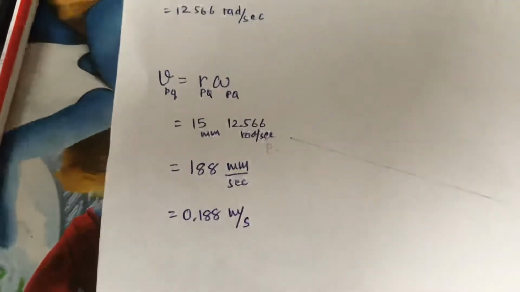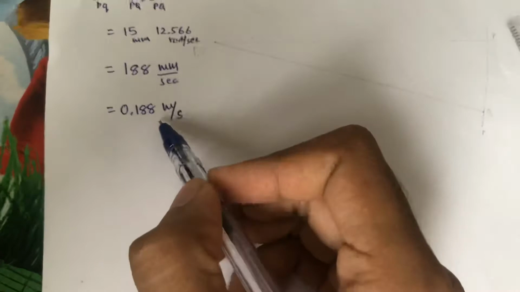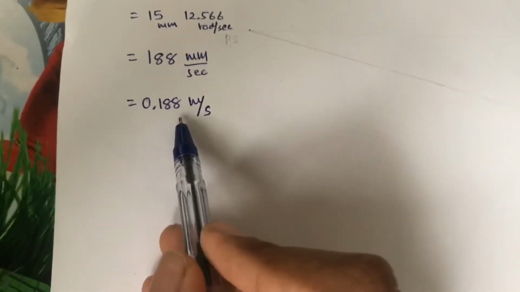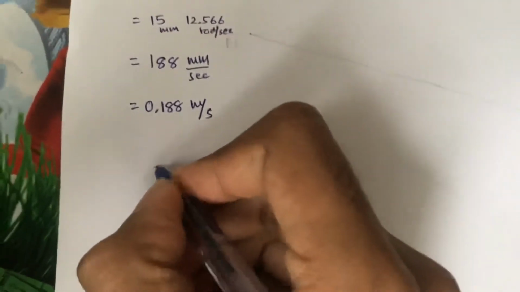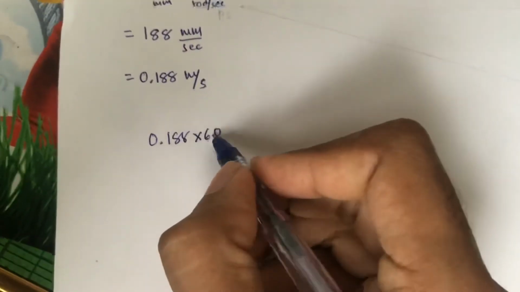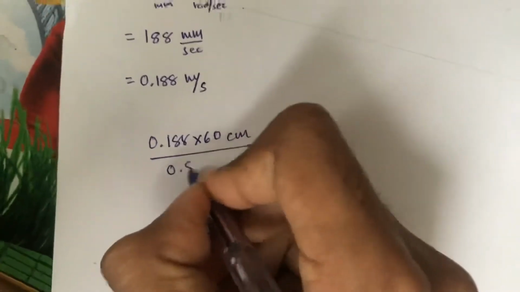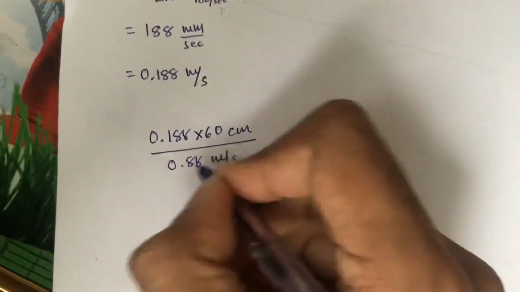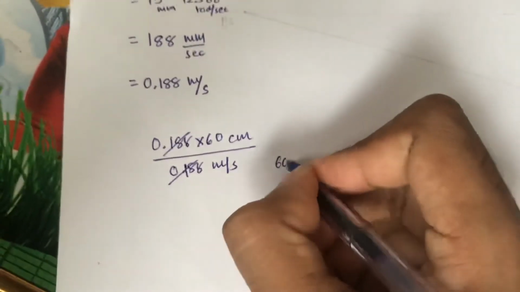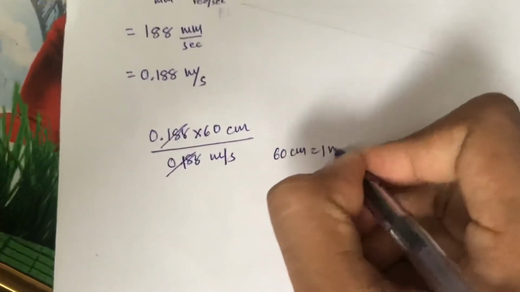Now 0.188 meter per second is a small dimension in terms of centimeters. To draw, I multiply 0.188 with 60. So my scale is 0.188 into 60 centimeter as the drawing dimension upon 0.188 meter per second as the given dimension. So here both cancel and the remaining is 60 centimeter equal to 1 meter per second.